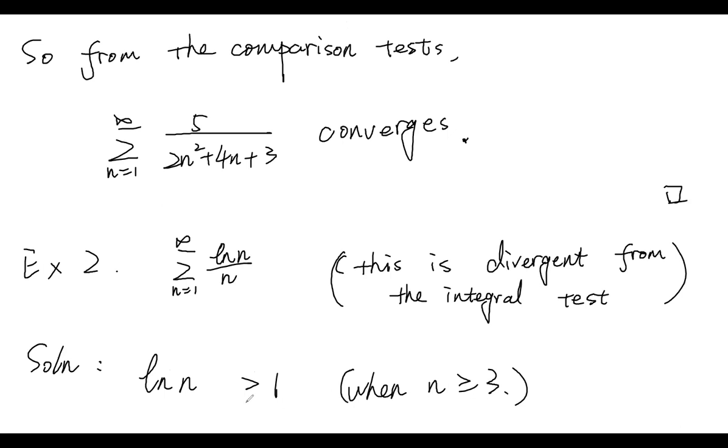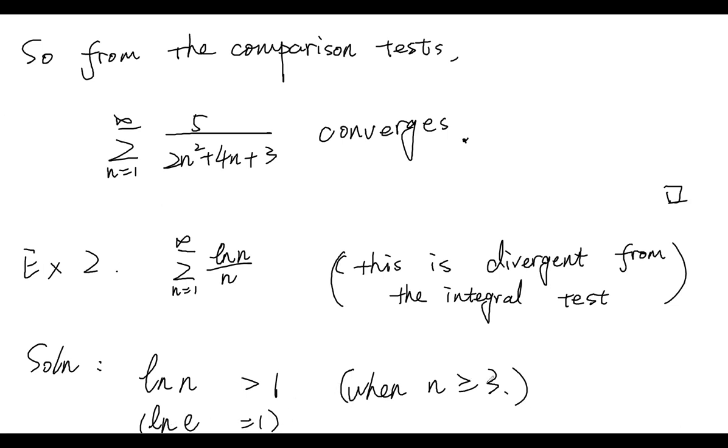And this is easy to check, because at the boundary where natural log of n is equal to 1, you get n equal to e. Natural log of e is equal to 1, because e is the base of the natural log.